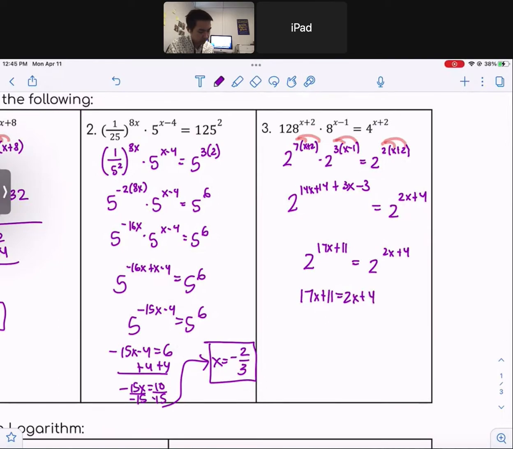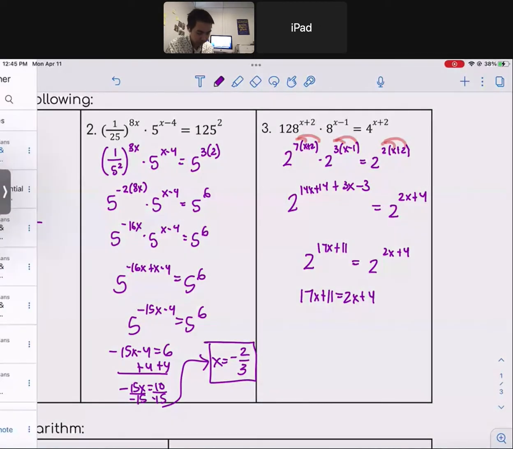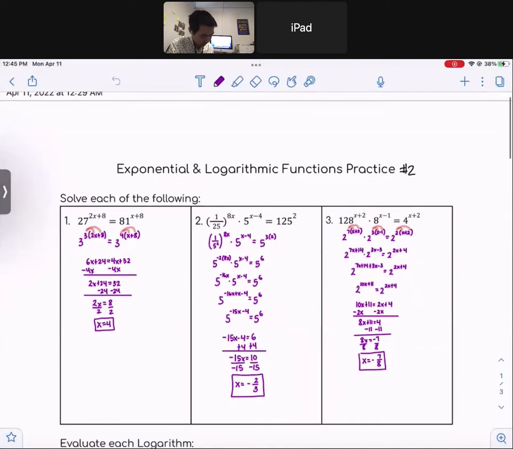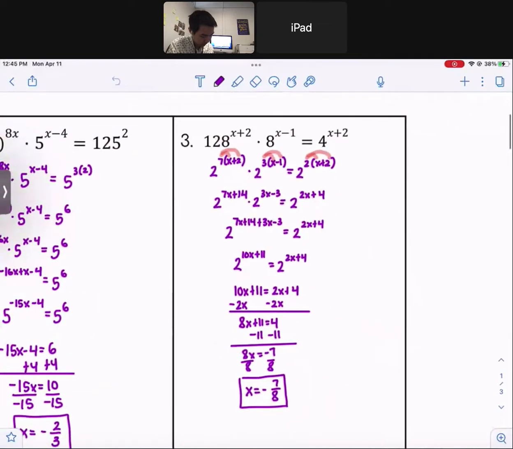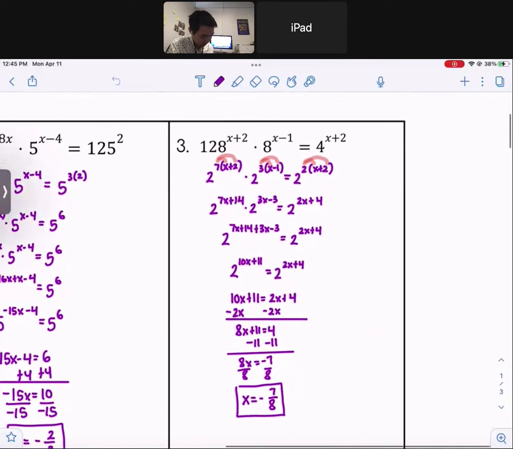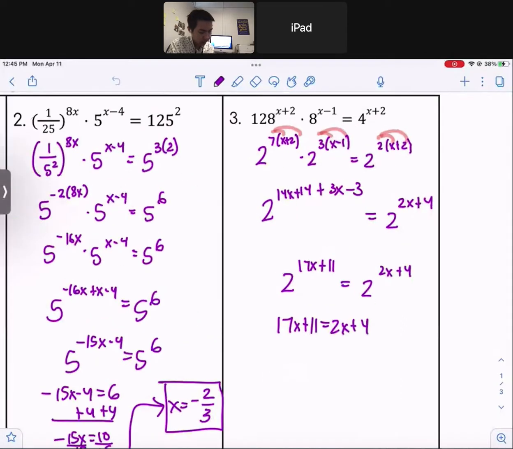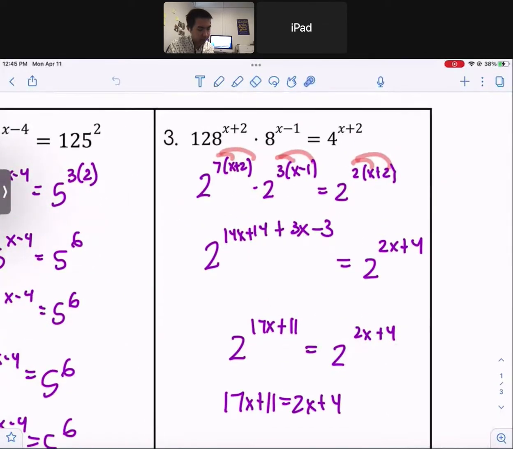So, man, I feel like I'm doing something incorrect. Hold on one sec. I see my other error. Do you see the 7x? I accidentally put 14, but that should have been 7. That should have been 7, and that should have been 7.